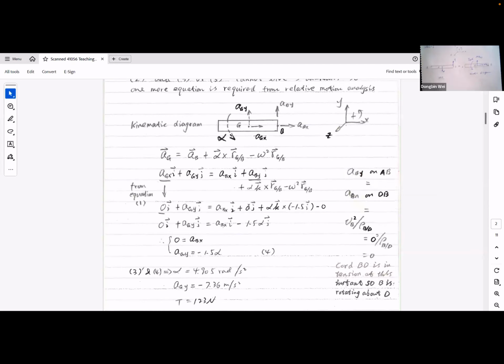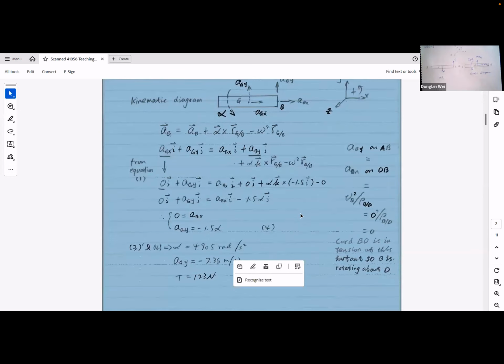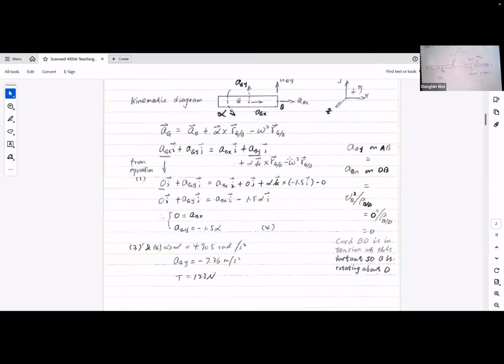So for ABY, we can determine it should be 0 in this equation. Now in this one here, because omega at this moment is 0, this last item should be 0.